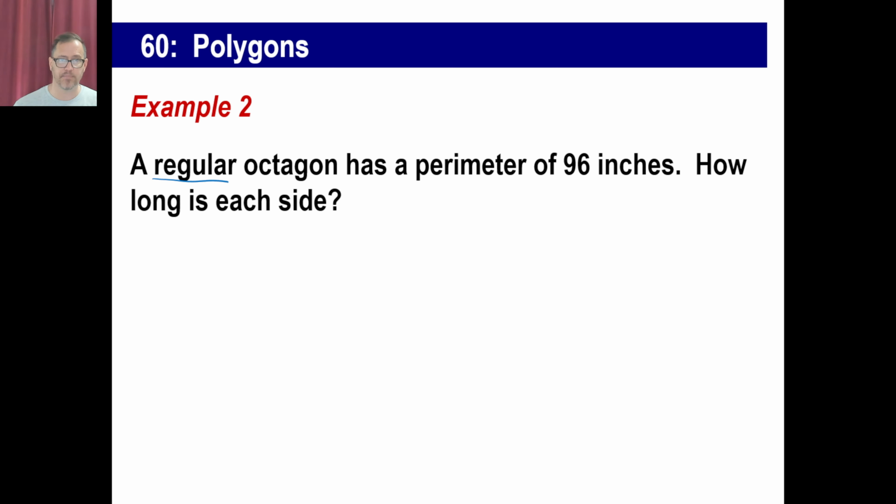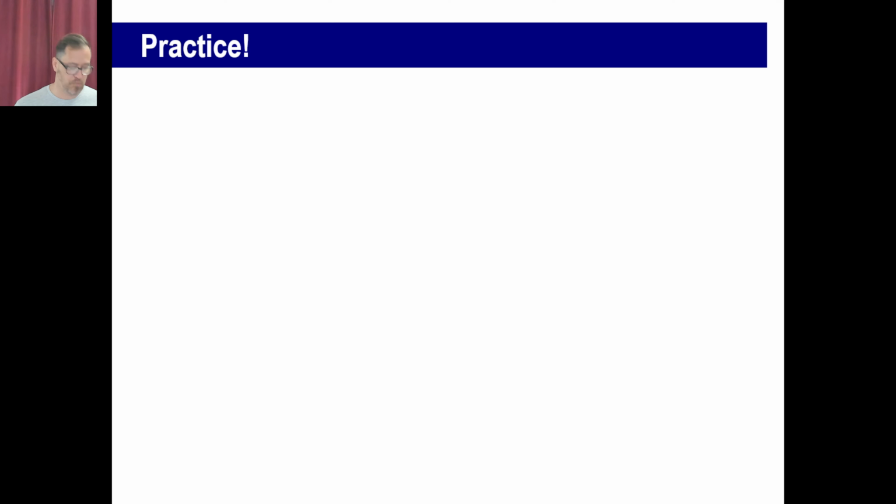Let's take a look at the practice problems on page 319. We can do one at a time if you want to. Pause it and try A. A, what is the name of this 6-sided shape? It is Harold. That's his name. He's a homeschooler. No, it's a hexagon.